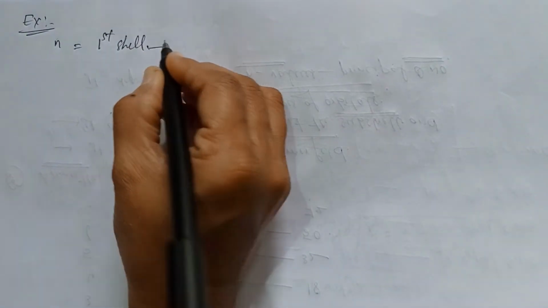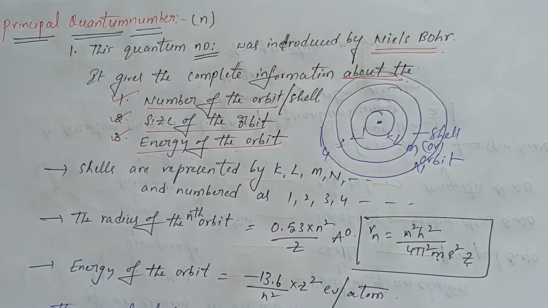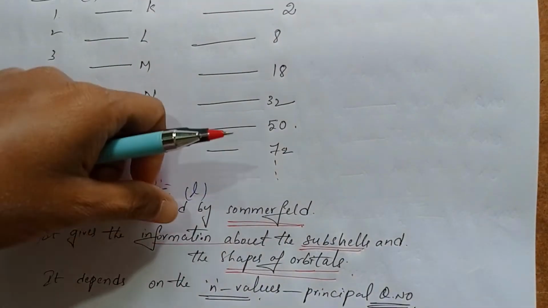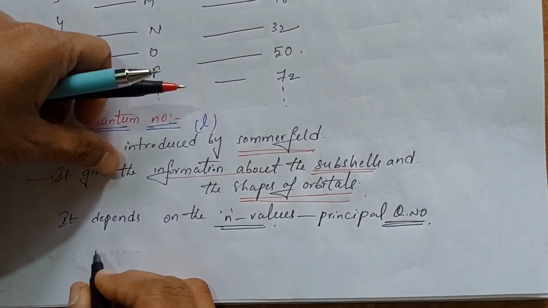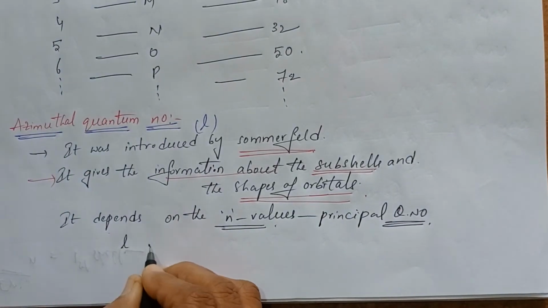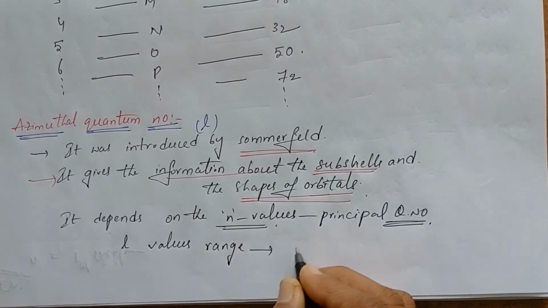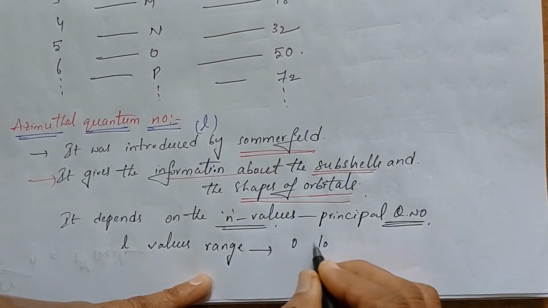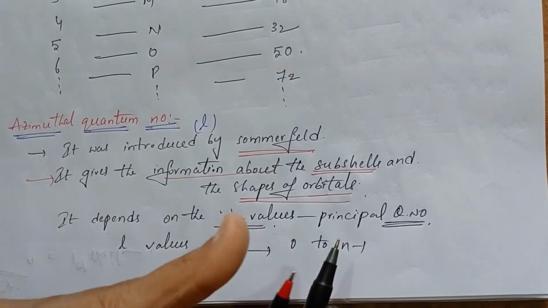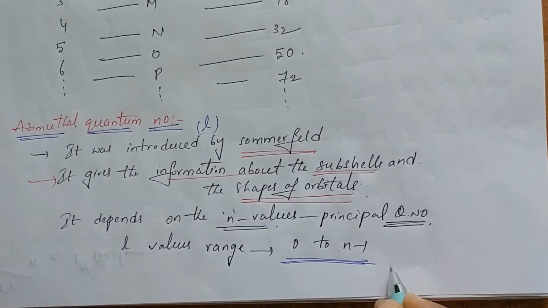The azimuthal quantum number values change with a range of 0 to n minus 1. What is the range, students? l values range from 0 to n minus 1. Very important, students.